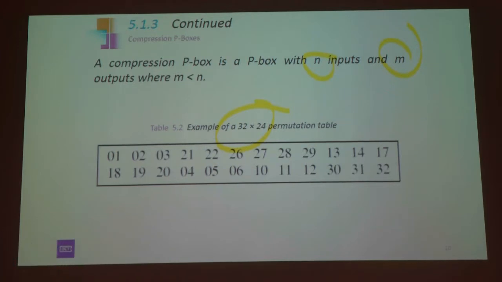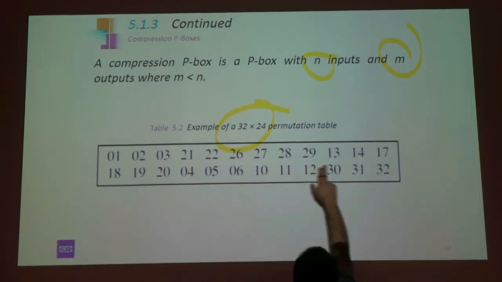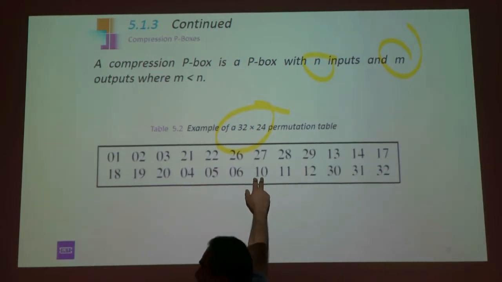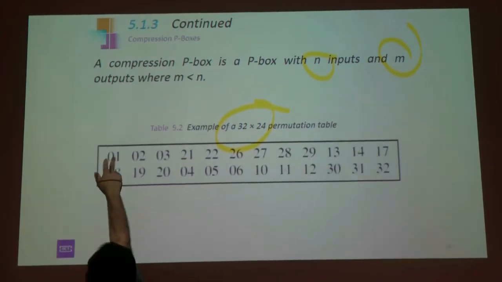Is it a straight? Is it a compression? Yes, compression. In compression, what happens to some of the inputs? They get lost, right? We don't move them. Can you tell me one that is lost in here? 8. Do you have 8? No. So where is 8? Gone.